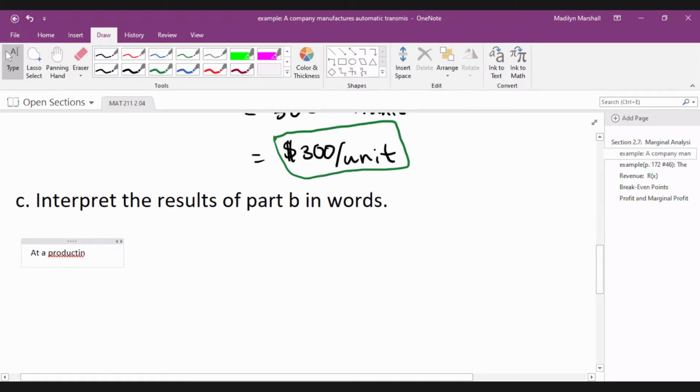Let me make this bigger so it's legible.